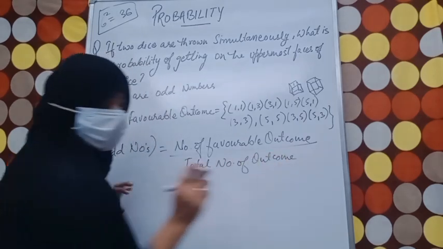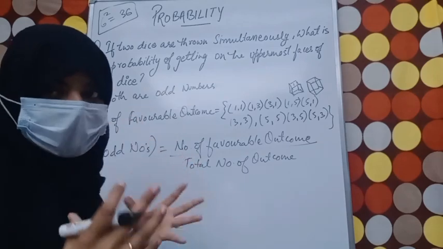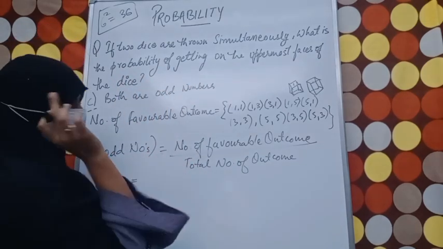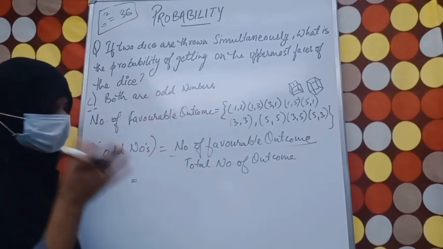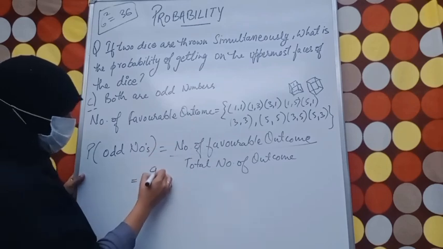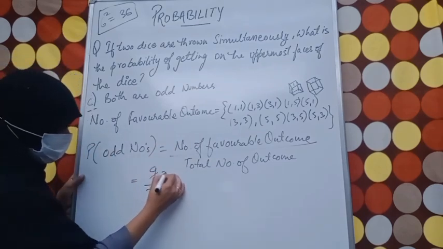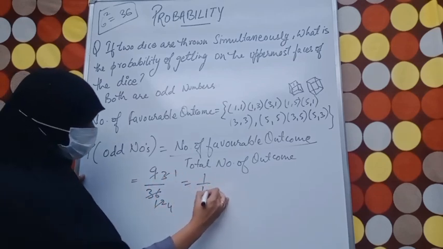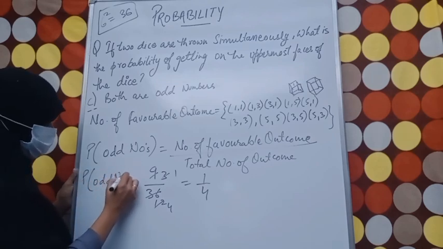See, in probability, the thinking part is this: favorable outcomes you have and total number of outcomes. This is the only thinking part. If you make a mistake over here, your answer will never come correct. So be very attentive about it. So this is 9 upon 36, and we can write 1 upon 4 as the probability for odd numbers.